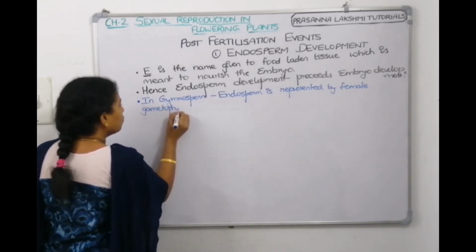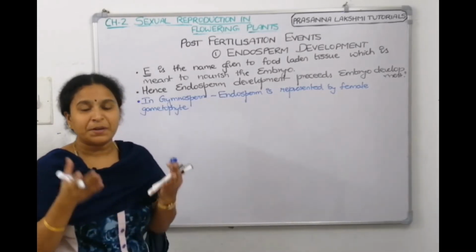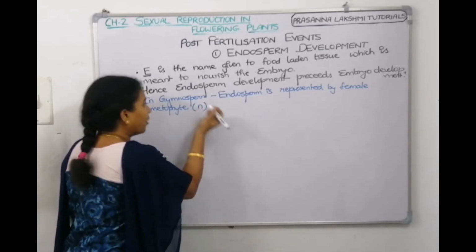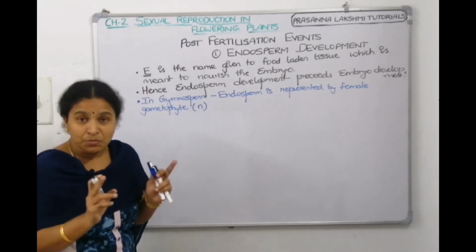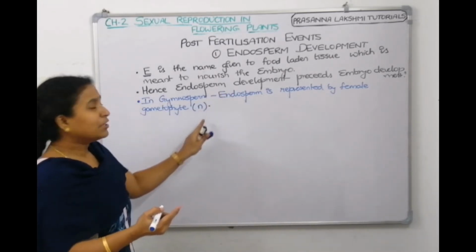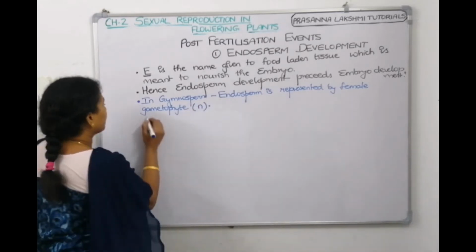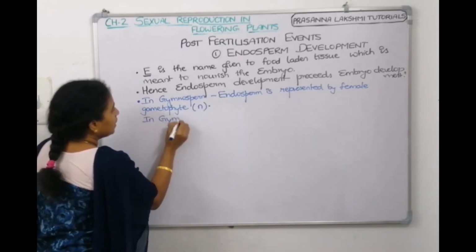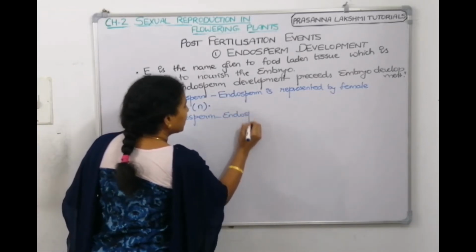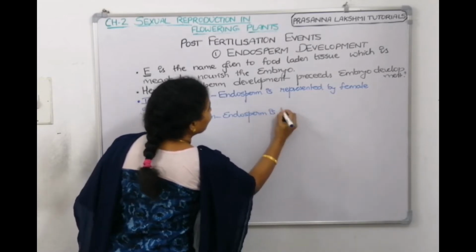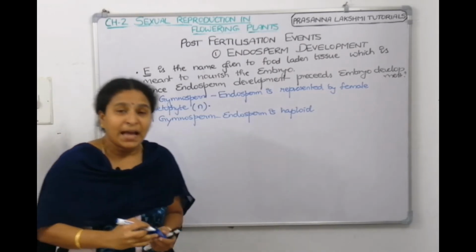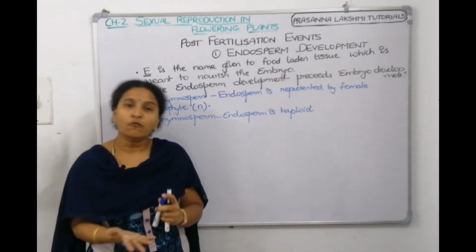All of us know that gametophyte means haploid, sporophyte means diploid. So female gametophyte means it is haploid. That means in gymnosperms, endosperm is haploid. Since endosperm is nothing but the female gametophyte, we say that the endosperm is haploid, because it came from the female gametophyte and it is developed before fertilization itself.